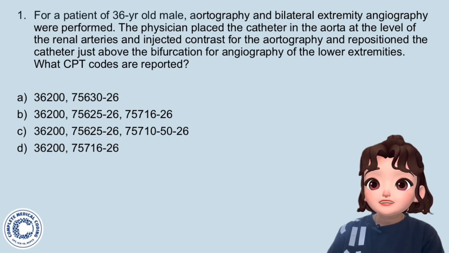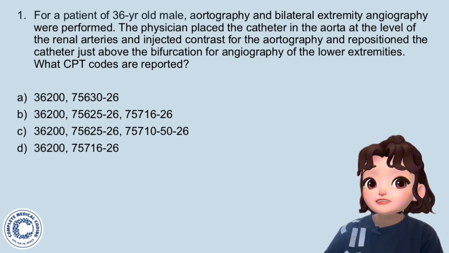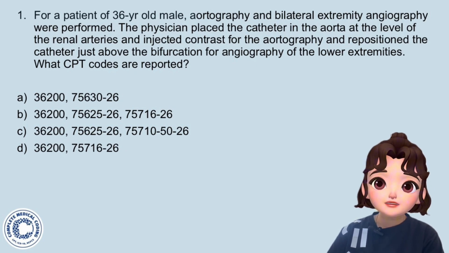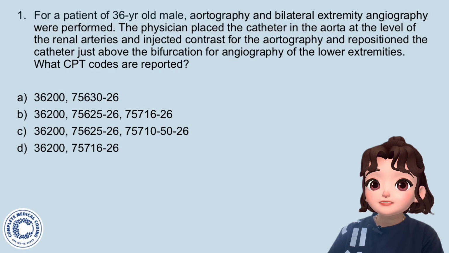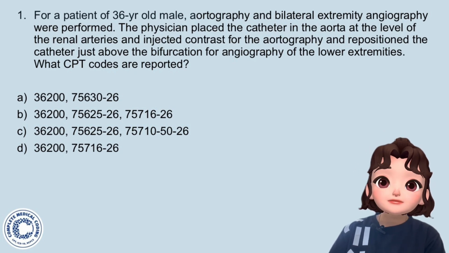Since the physician himself has done the procedure, we are appending it with modifier 26. Modifier 26 is professional component, whereas TC is technical component. So here, since the physician himself is doing the procedure, we are appending it with modifier 26.